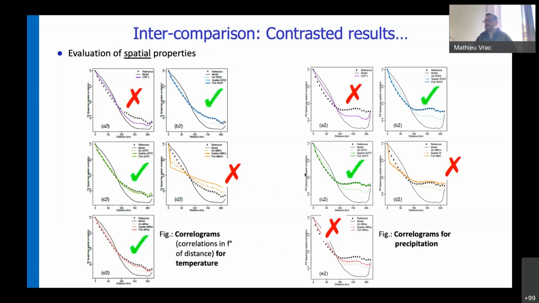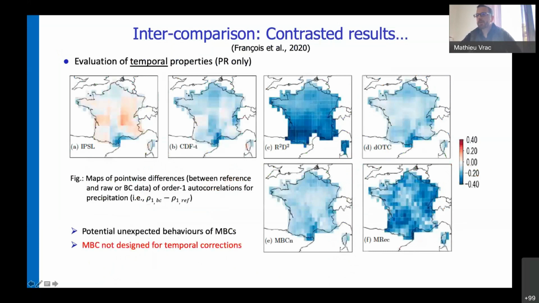And finally, for the comparison here, we looked at the temporal properties. You have to keep in mind, and that's a very important message to get, that when you apply any multivariate bias adjustment method, you will necessarily modify the temporal properties of your simulations.